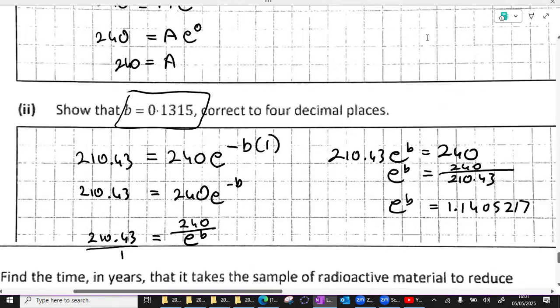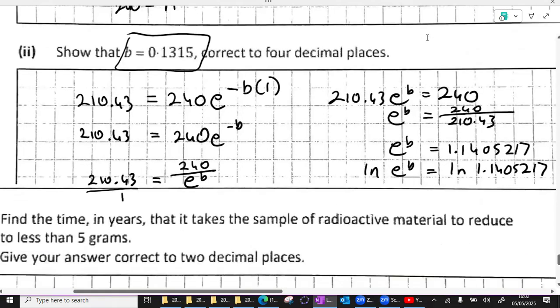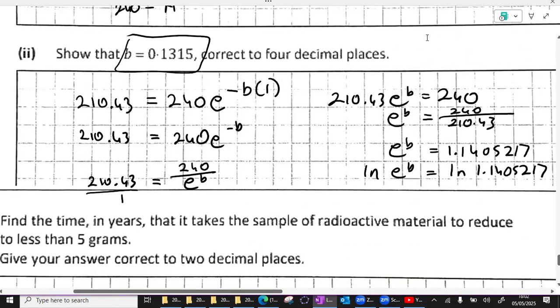Now, to get rid of this, I'm going to have to get the natural log of both sides. Remember natural log is log to the base e. So if I bring my b down to the front, the natural log of e is, as I said, another way of saying log of e to the base e, which makes that a 1.